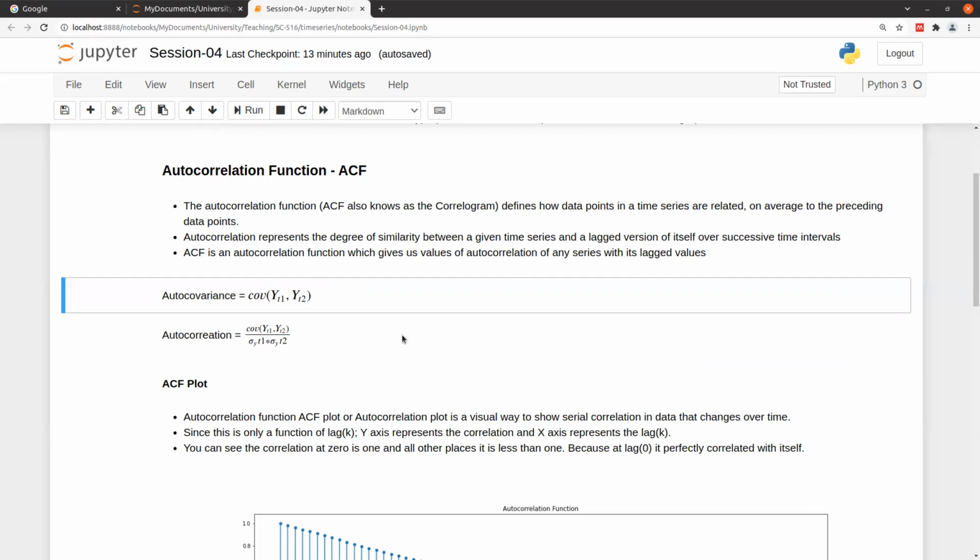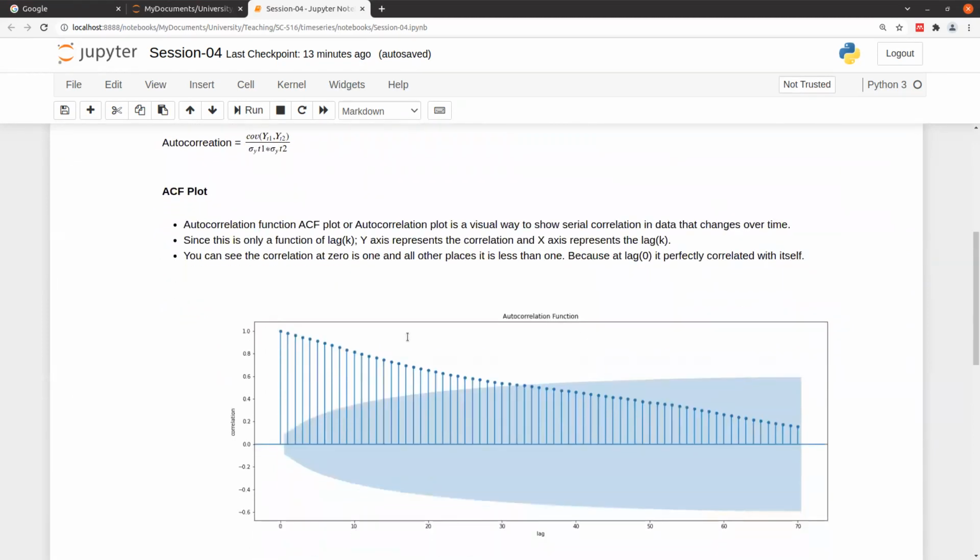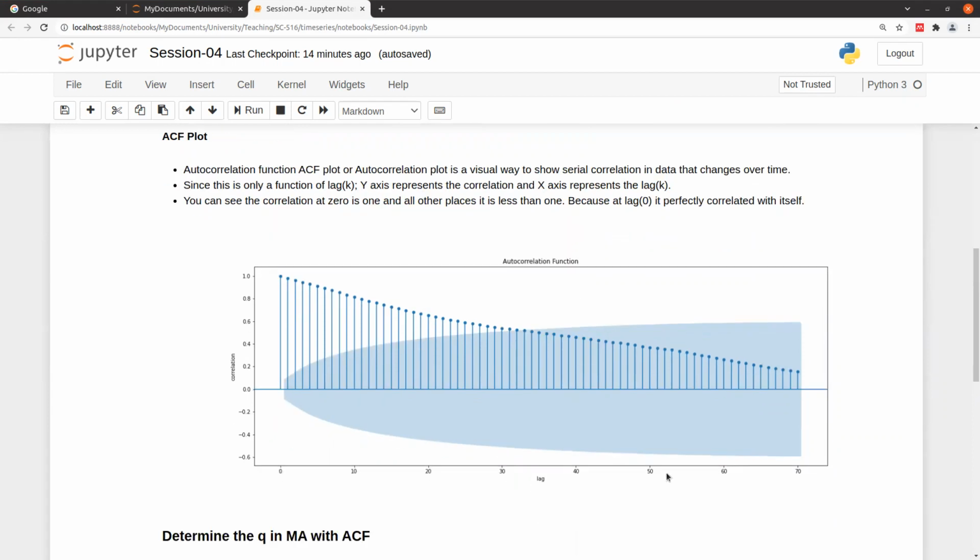This is somewhat of a diagram of an ACF plot, the autocorrelation function plot. The autocorrelation plot is a visual way to show the serial correlation in data that changes over time. Since this is only a function of lag k, the y-axis represents the correlation and the x-axis represents the lag. We know what the lag is, right?